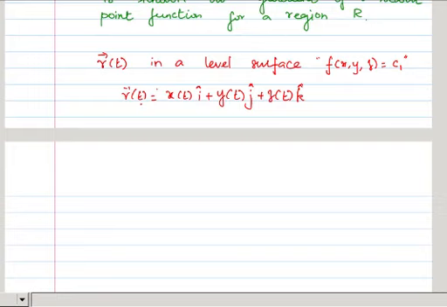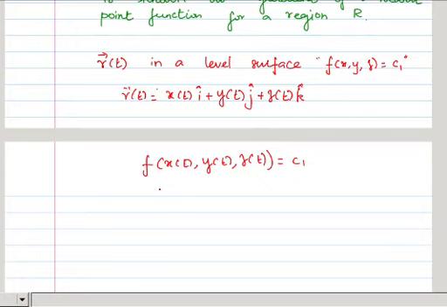This is basically a position vector. Now this curve lies in the level surface because r of t is in the level surface, so I can write f of x of t comma y of t comma z of t equal to c1.